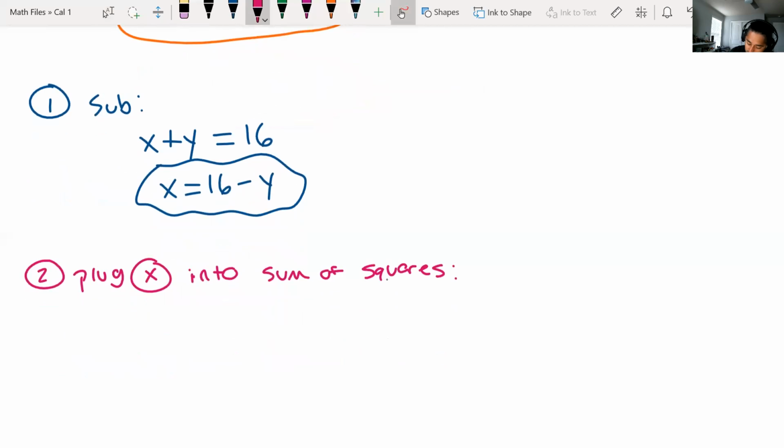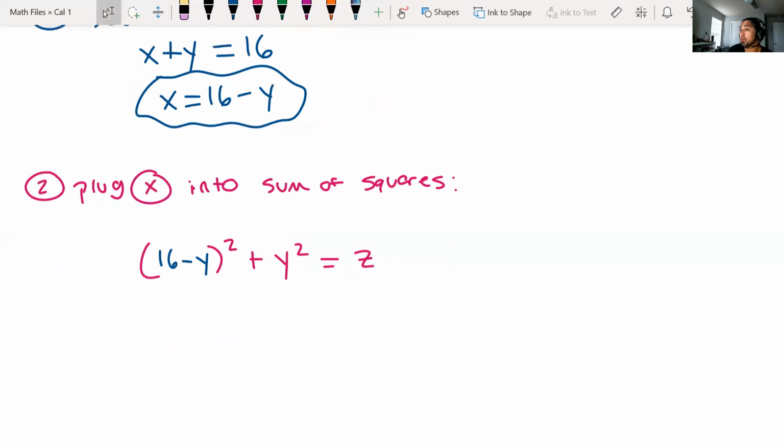So you'll have parentheses 16 minus y, squared, plus y squared equal to z. Okay. There's our equation. It's all in terms of y. So let's go ahead and just take the derivative already. Yes, we could FOIL it all out, but I think it'd be faster if we use chain rule on this.